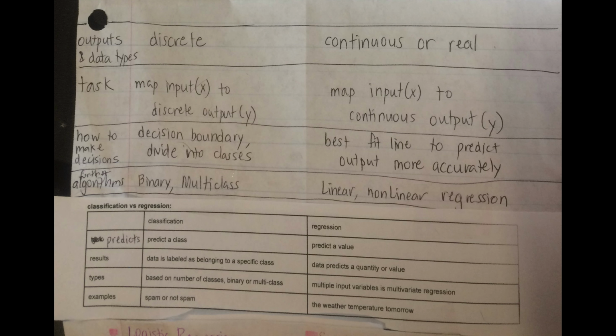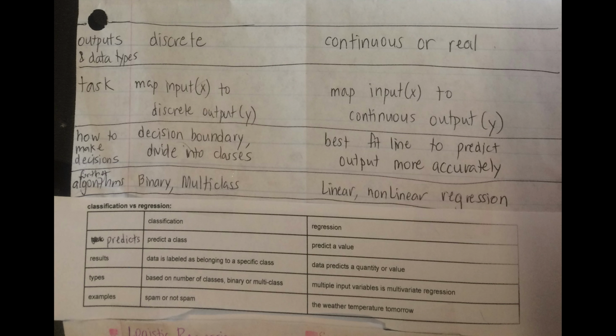Can you describe the difference between classification and regression algorithms in terms of output types or the data that it outputs? Classification outputs discrete data. Regression outputs continuous data.